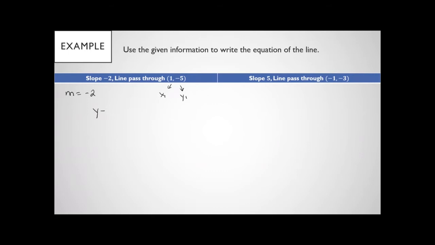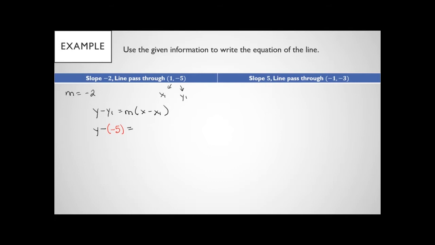So the equation for point slope form is y minus y1 equals your slope m times x minus x1. So you're going to want to plug in your numbers. So y minus y1, and y1 I have labeled as -5. So we're subtracting a -5.